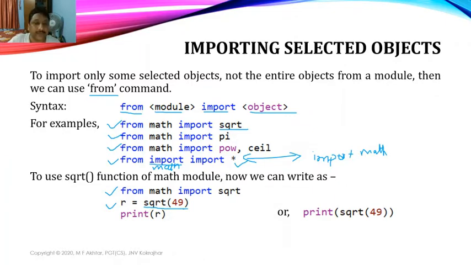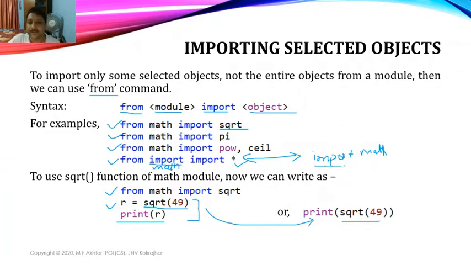Now we can use it directly like this and then the print statement. We can also combine these two statements: just print sqrt of 49. This is the benefit.